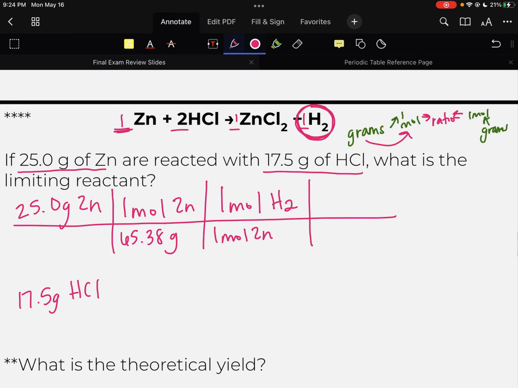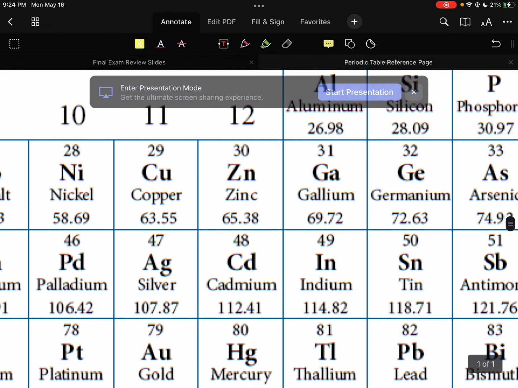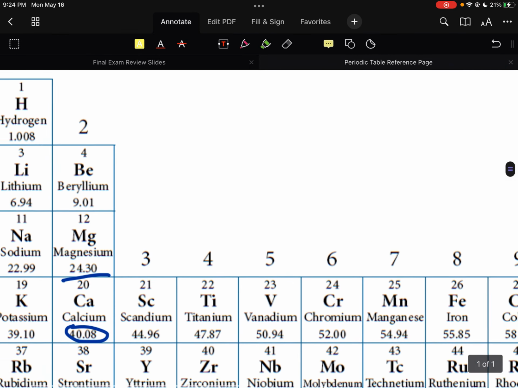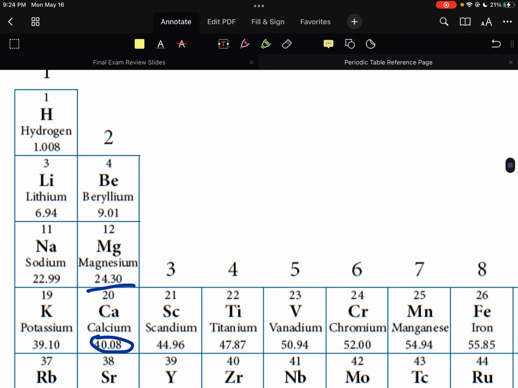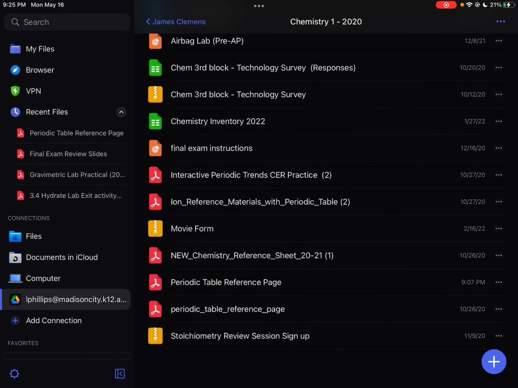Now I'm here. So I just want to go back to grams. So 1 mole of H2, and I can look at my periodic table. Hydrogen is 1.08, but I have 2 of them, so that makes 2.